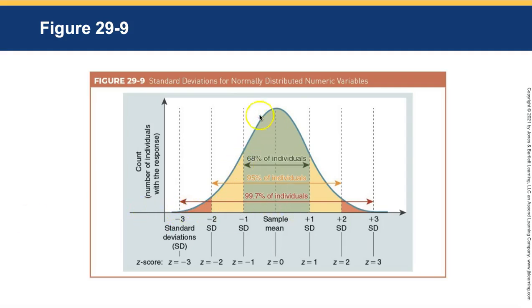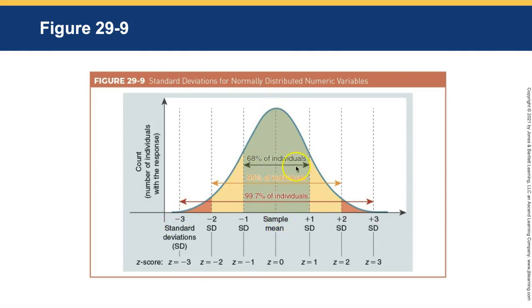So this is what that would look like. This would be our normal curve. And we would find that 68% of individuals fall within one standard deviation of our sample mean. And that's all that means. So if we have the tallness of human beings, we have our tall people here, our shorter people here, and our average or our mean is here.